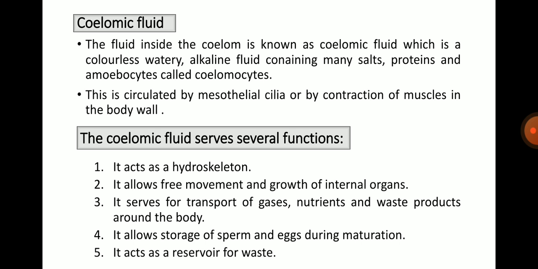Some functions of the coelomic fluid are similar to the functions of the coelom. Coelomic fluid acts as a hydroskeleton. It allows free movement and growth of internal organs. It serves for transport of gases, nutrients and waste products around the body. It allows storage of sperms and eggs during maturation, and it acts as a reservoir for waste.